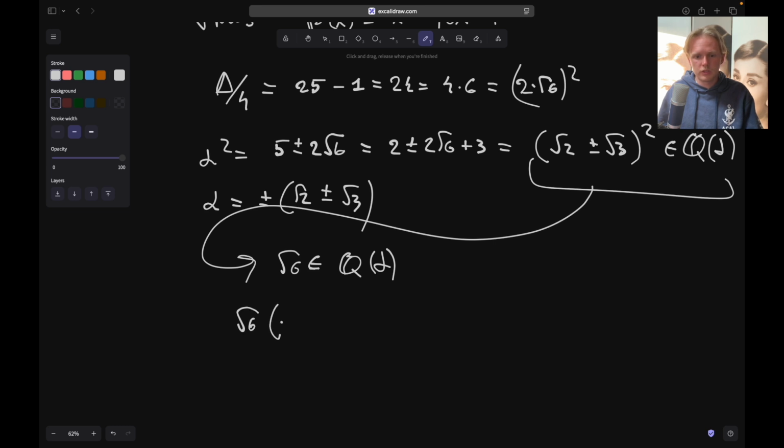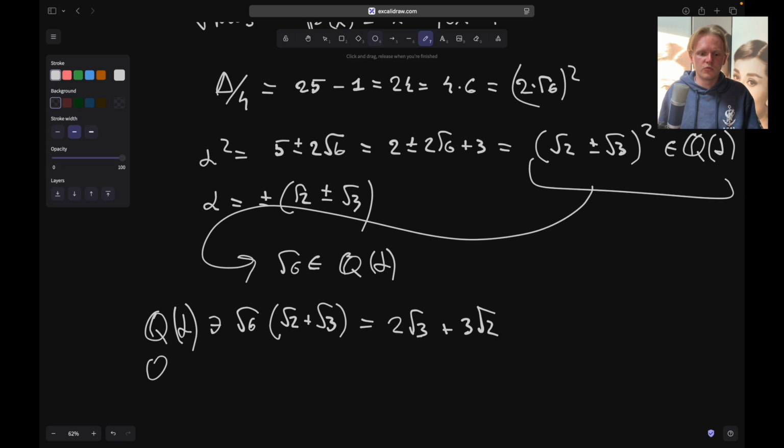Square root of 2 plus square root of 3 is also inside. Here we get 2 square root of 3 plus 3 square roots of 2. Inside we have also just the sum of 2 roots because it's alpha.